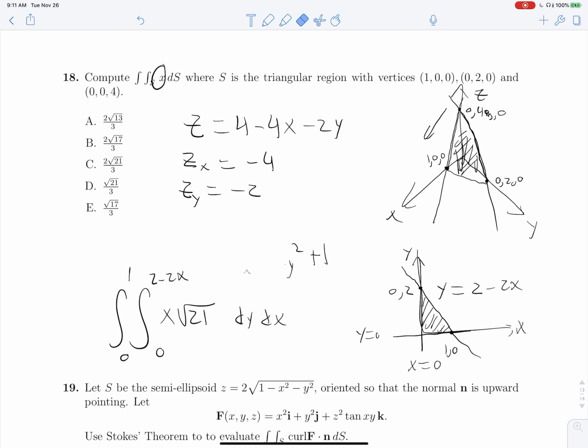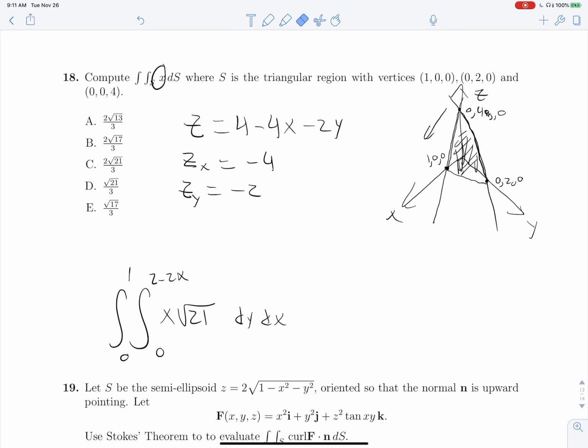So I'm going to make a little bit more space here because I'm running out. This dy, well, we don't have any y's in this integrand, so we're just going to multiply this thing in. And I'm actually going to move our root 21 all the way out because I don't want to deal with it for now.